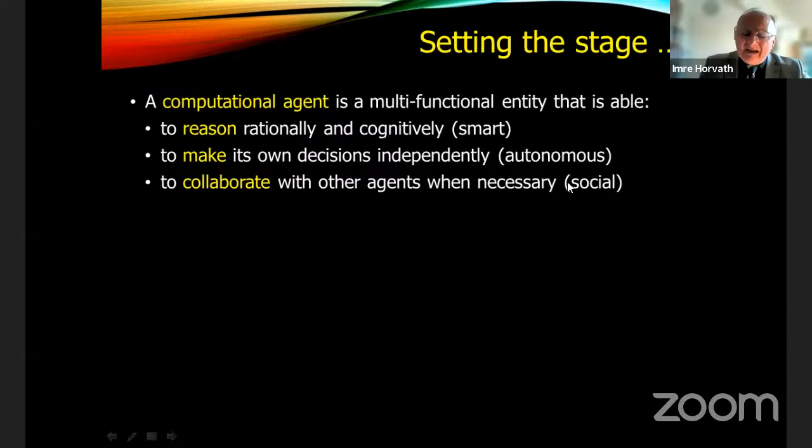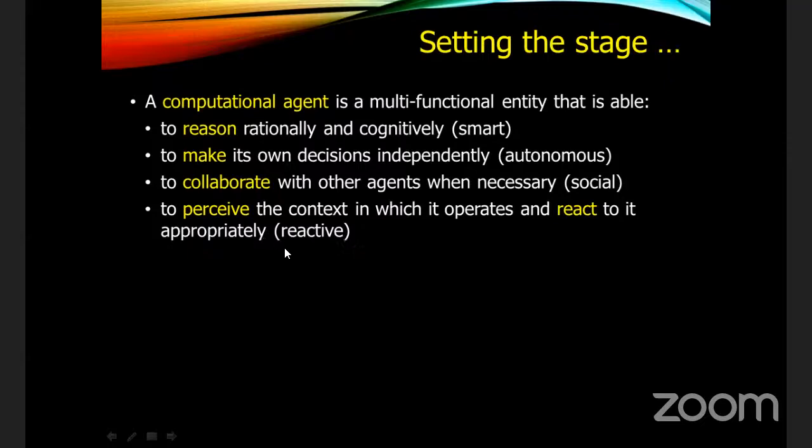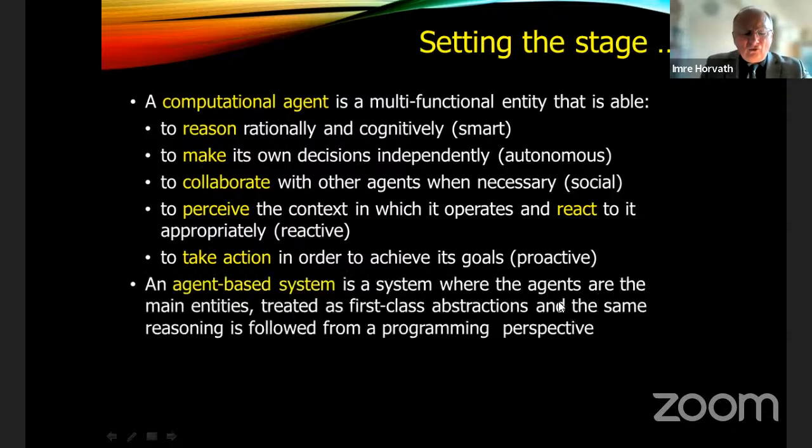So the agent has some sort of social aspect as well, and it perceives the context in which it operates and reacts to it appropriately. So there is a kind of reactive nature. And finally, it takes action in order to achieve its goal. So it should be proactive and sometimes even define its own goals.